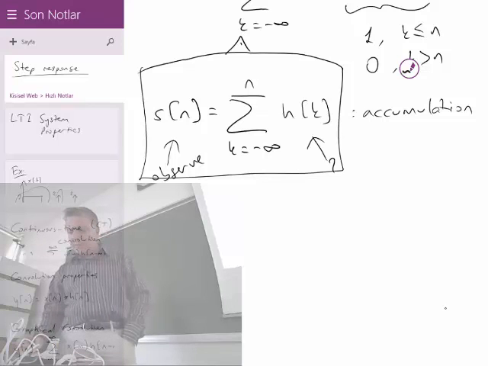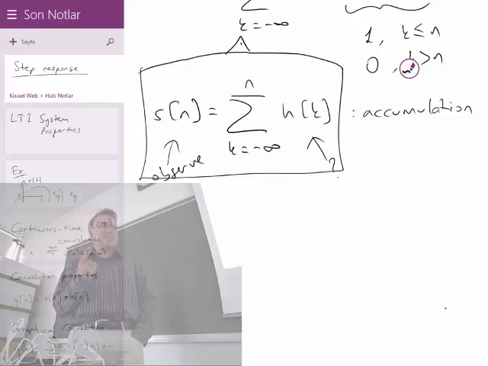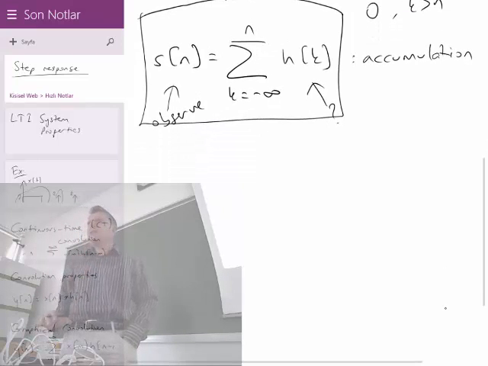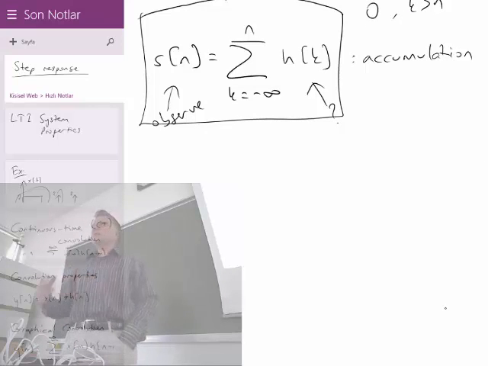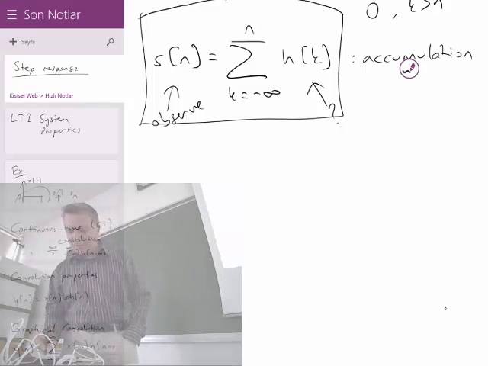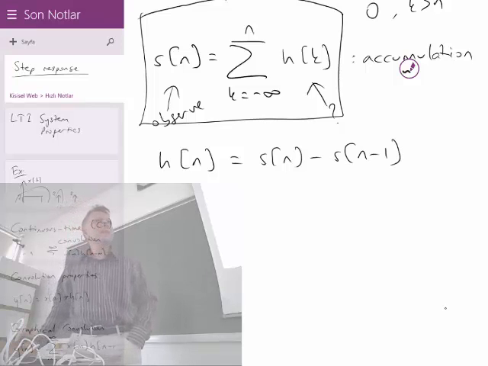So what is the impulse response is the question, which requires an inverse system sort of thing. What was the inverse of an accumulator or an integrator? The inverse of an integrator is the differentiator or the derivative. In discrete time it was difference. So this is the inverse system. h of n is equal to s of n minus s of n minus 1. Do you remember that? We did this example before.